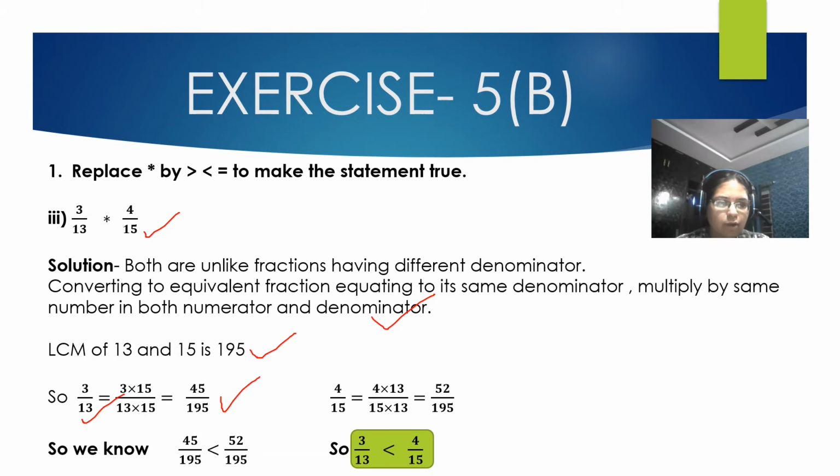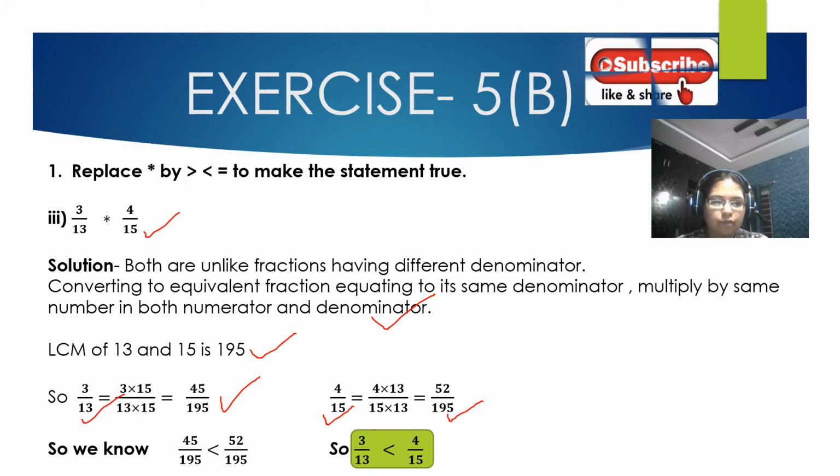Now we have to convert the second fraction, 4 divided by 15, into an equivalent fraction, equating the denominators, that is 195. We know 15 multiplied by 13 we get 195. So we have to multiply the number 13 with both numerator and denominator of 4 divided by 15.